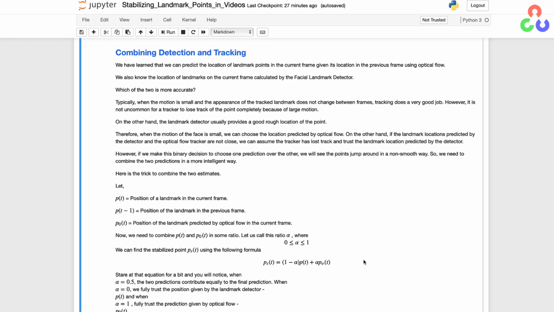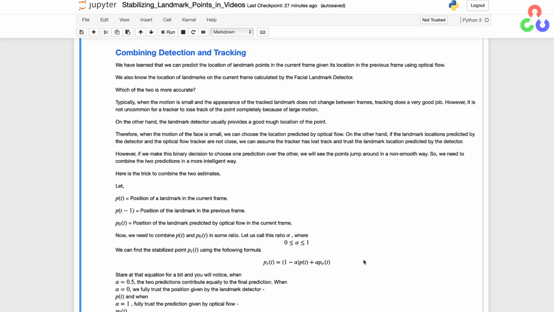Turns out that tracking does an excellent job when the motion is small. As we had noticed, when the motion is sub-pixel or a few pixels, optical flow will do an excellent job. On the other hand, detection will give you a rough estimate of the landmark points, but it will not be consistent with the previous landmarks you detected in the previous frames.